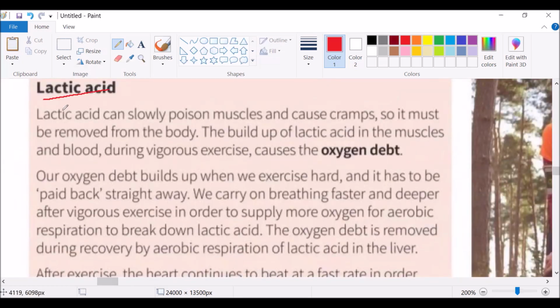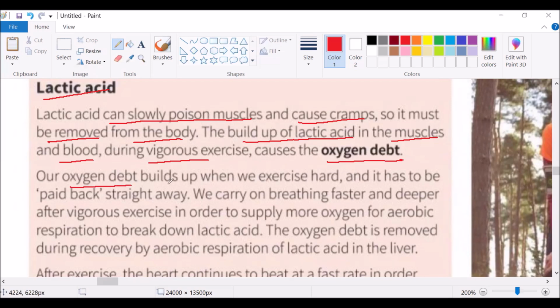Let's look at lactic acid. Lactic acid can slowly poison muscles and cause cramps, so it must be removed from the body. The build-up of lactic acid in the muscles and blood during vigorous exercise causes the oxygen debt.